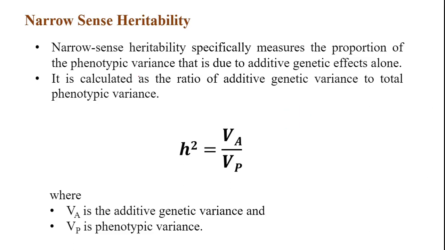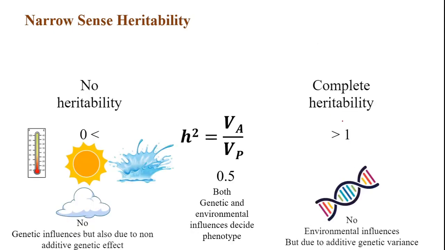In that, the narrow sense heritability is calculated by small h square, which is equal to the ratio of additive gene variation with respect to phenotypic variation. So here also, if the narrow sense heritability is near 0, then the environmental effect is more and no additive gene actions will be there.